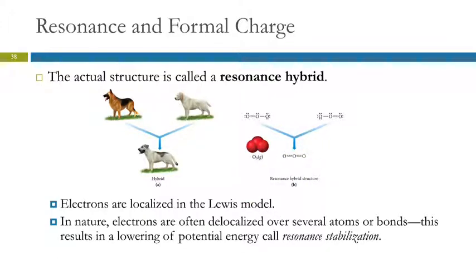It's called resonance stabilization. So instead of the electrons just being shared between two atoms, they're actually shared over the entire molecule. This causes it to have a lower energy and causes it to be more stable than it would be otherwise. Any questions about resonance?